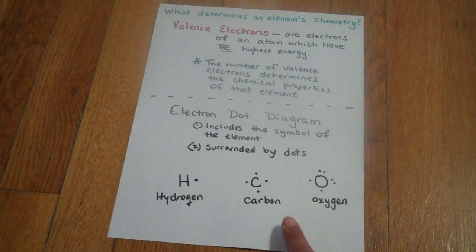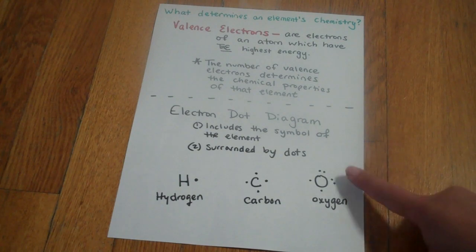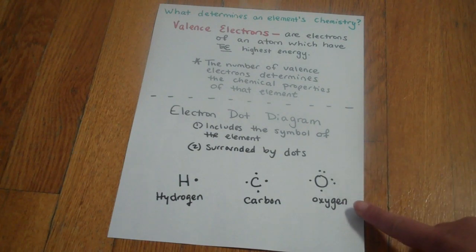Carbon has more electrons than this. However, 4 of the electrons are on the outermost highest level, and that is important. Oxygen has more electrons than this, but on the outermost level there are 6. And it's important again to note that this is the highest energy level. This is where the bonding will take place.